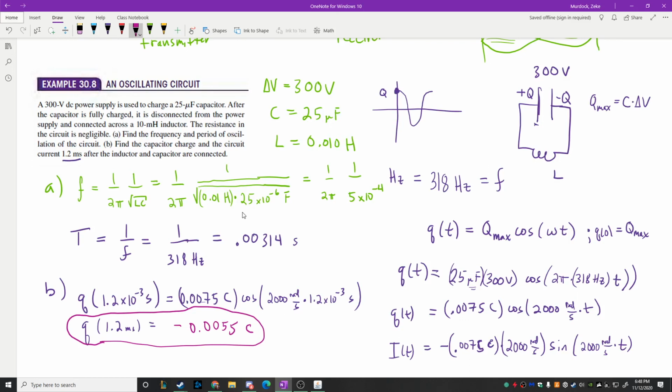So I got negative 10.1. Do y'all get the same thing? Yeah, same thing.